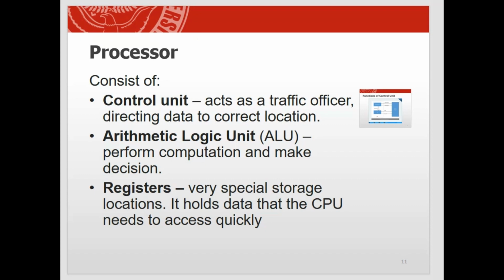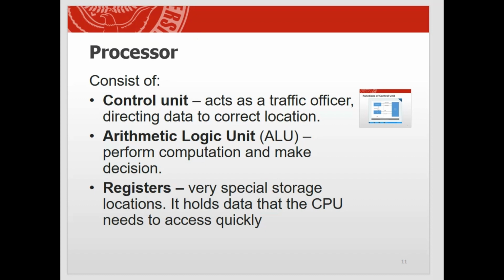Kumbaga lahat ng mga hardware na yan, in order for them to perform their job, si control unit yung nagmamanage. So, control unit is to run the whole computer. Okay? Again, ang purpose ni control unit is to run the whole computer.